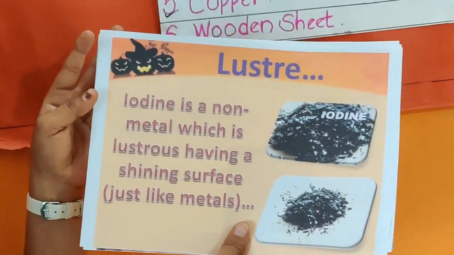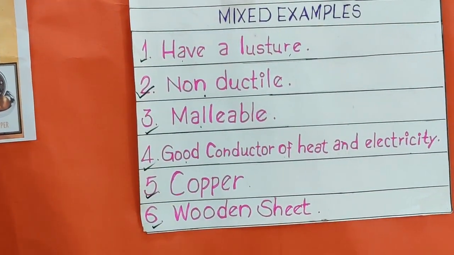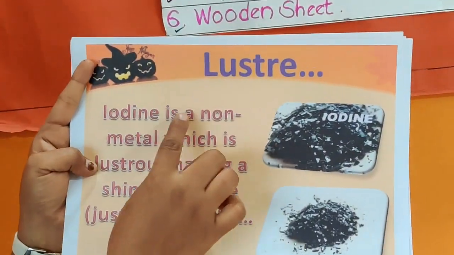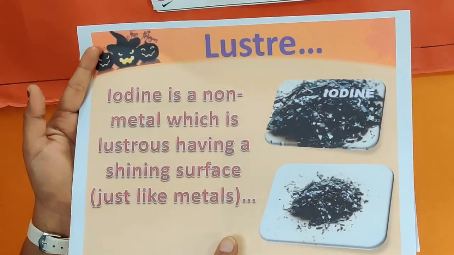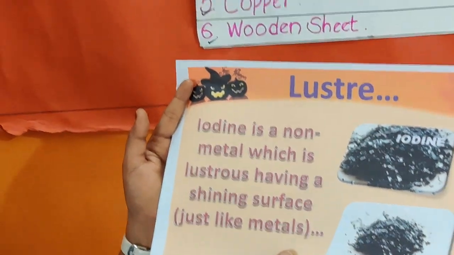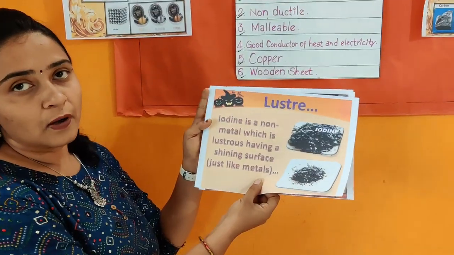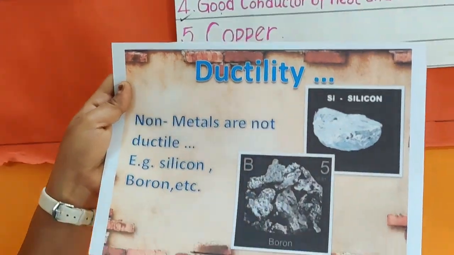Luster. Non-metals are non-lustrous. Okay, but iodine is a non-metal which is lustrous, having a shining surface just like metal. So iodine is also an exception for luster. Ductility.